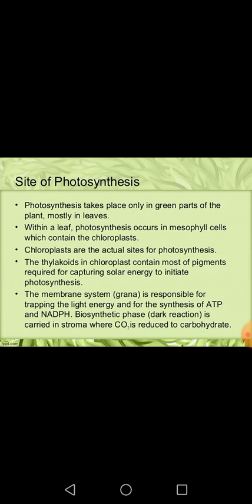There are some specialized cells in the leaf called mesophyll cells. There the process of photosynthesis occurs. Why? Because they contain specialized structures called chloroplasts. So we have to say that the chloroplasts present in the mesophyll cells are the site of photosynthesis.